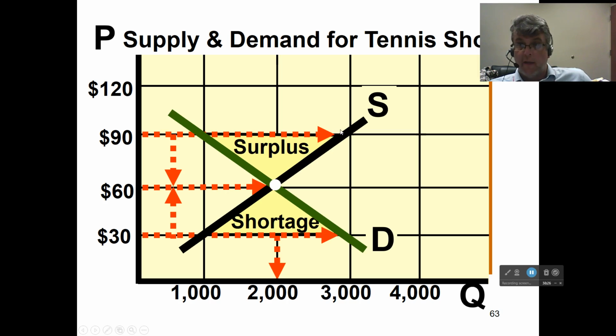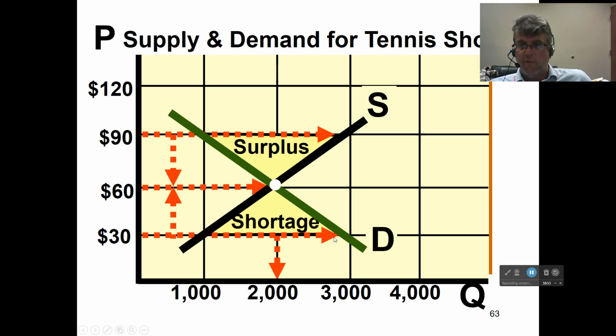More shoes are supplied on the market than people are willing and able to purchase. That causes these shoes to pile up in stock rooms. Firms will realize to sell all these shoes, we have to drop the price. As they drop the price, quantity supplied decreases, quantity demanded increases, and that moves us back towards equilibrium and eliminates the surplus.